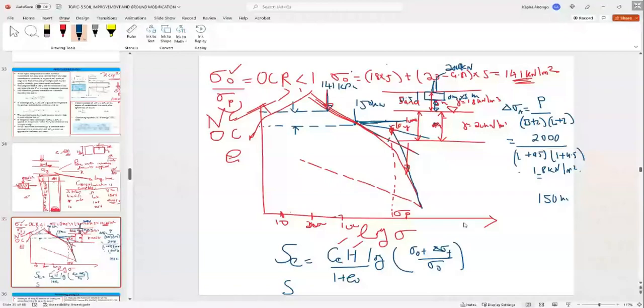Let me write the equation if your final loading was here, because now this loading is beyond the pre-consolidation pressure. Let's say the loading was here and the pre-consolidation pressure is here.